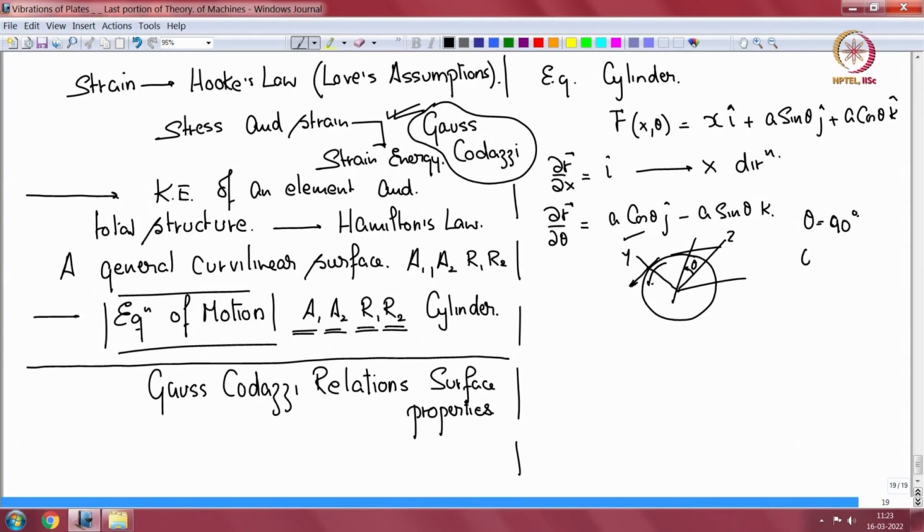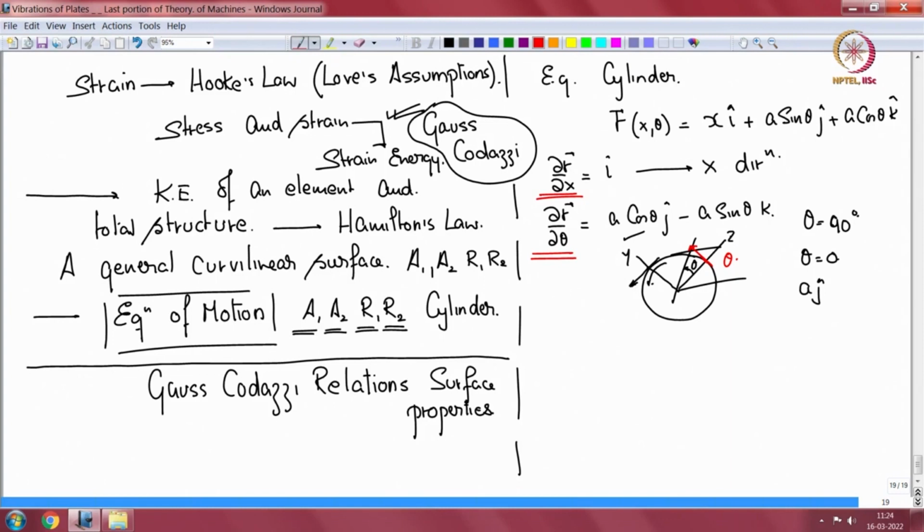If theta was equal to 0, then del r del theta is a times j, okay, so it would point this way, which is again the local theta direction, okay. So del r del x points in the x direction, del r del theta points in the theta direction, that's important to note, okay.